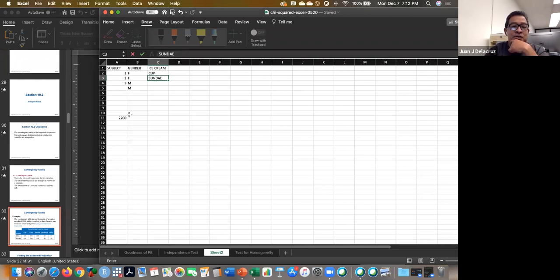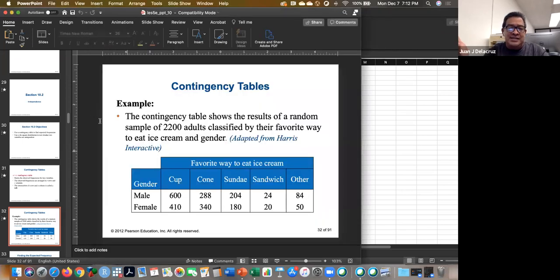So at some point, when you are using other programs, this is very easy to compute. So tabulating this is going to be a no-brainer. So it's going to be very easy. You can produce a table with 2,200 observations by using technology. But in this case, very nice example. They are giving us the observed values.